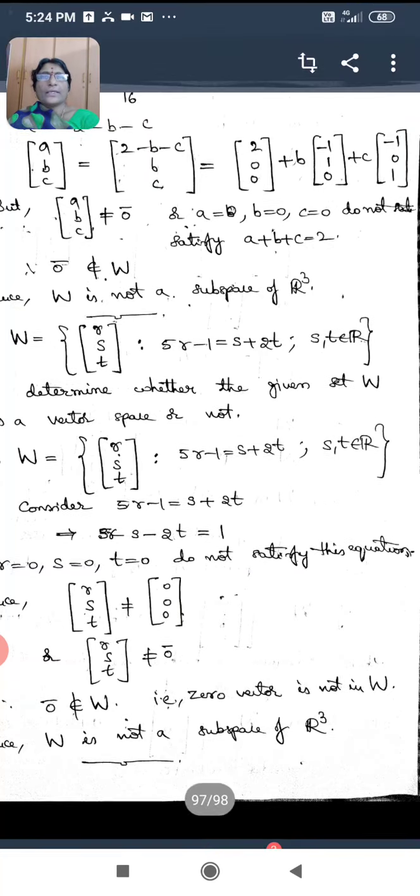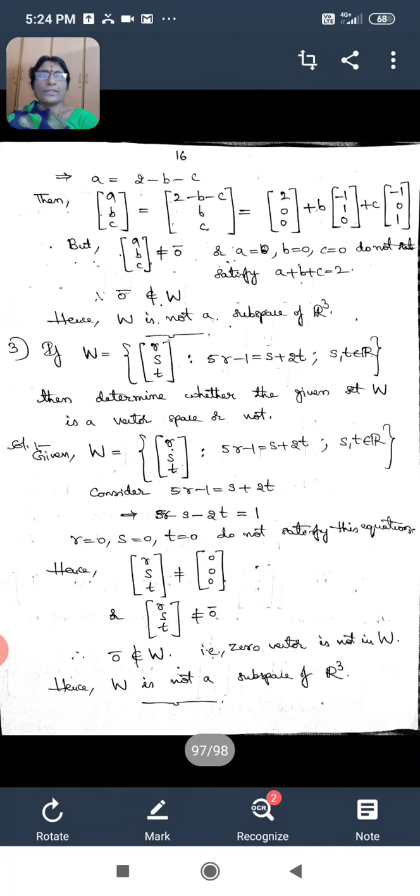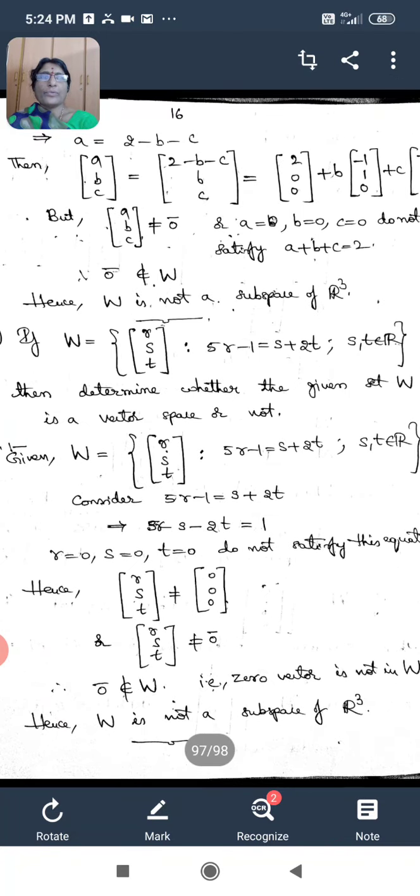So (A, B, C) can never be equal to the zero vector. That means even though (A, B, C) can be written as a linear combination of some vectors, the zero vector is not in W. The zero vector not being in W means W is not a subspace of R3, even though W is a subset of R3 as it consists of 3 by 1 column vectors.